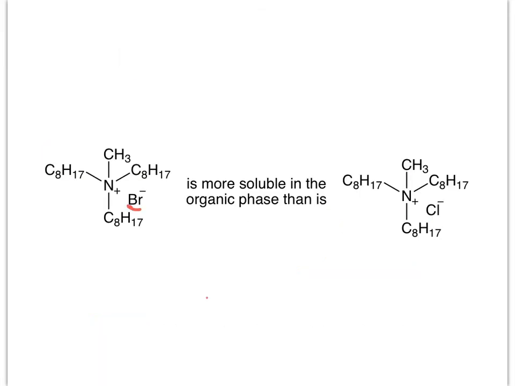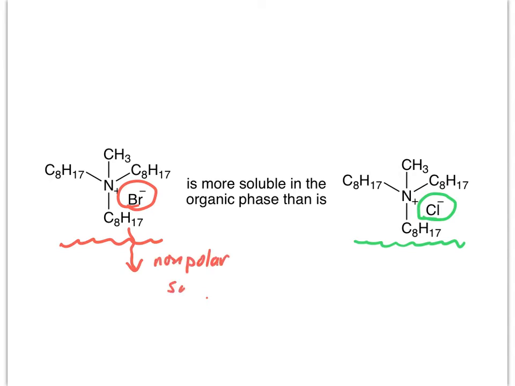It ends up that the bromide compound of our catalyst is more soluble in the organic phase than is the chloride ion version of the compound. So it goes in as the chloride, but in that solution, it can create the bromide, and the bromide then can partition into the nonpolar solvent or phase.